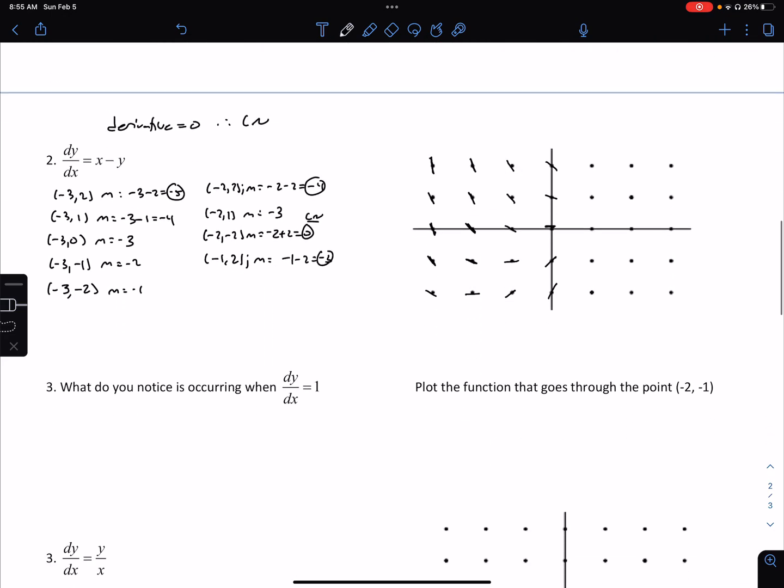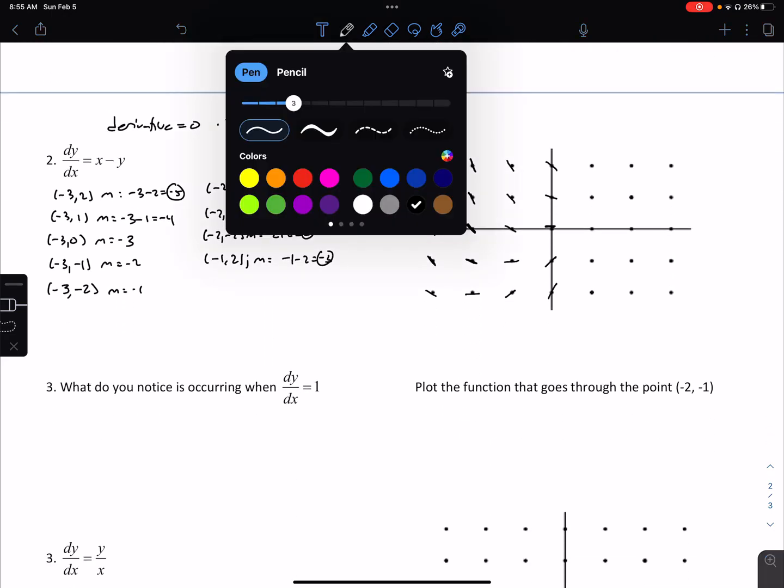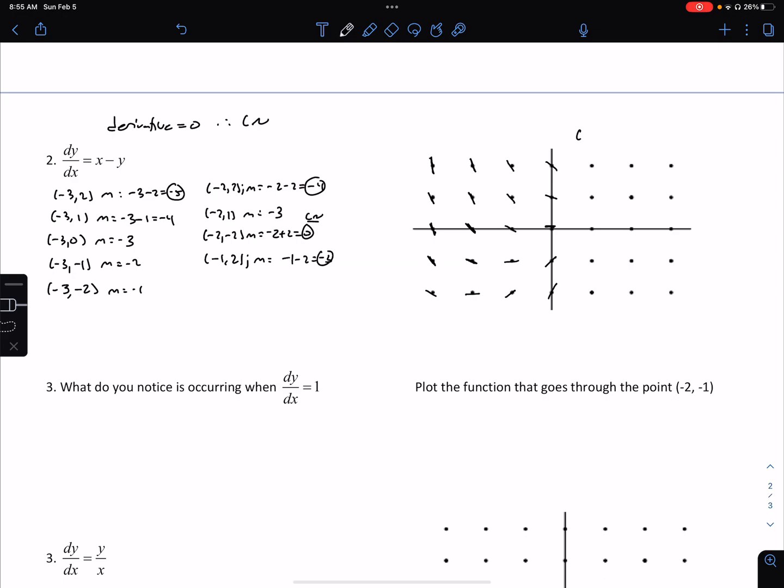Whoops, sorry, that was negative 3. Sorry, lost track where it was. So here at negative 5, negative 4, negative 3, negative 2. This should be a negative 1. So we're going to get negative 1, 0, 1, 2, 3, then 0, 1, 2, 3, 4, then 1, 2, 3, 4, 5.